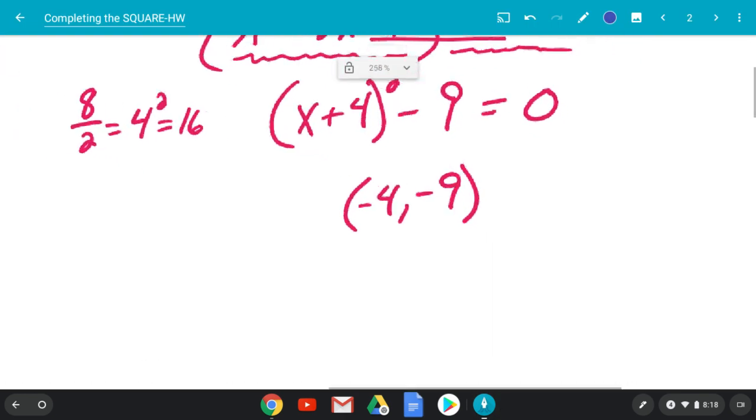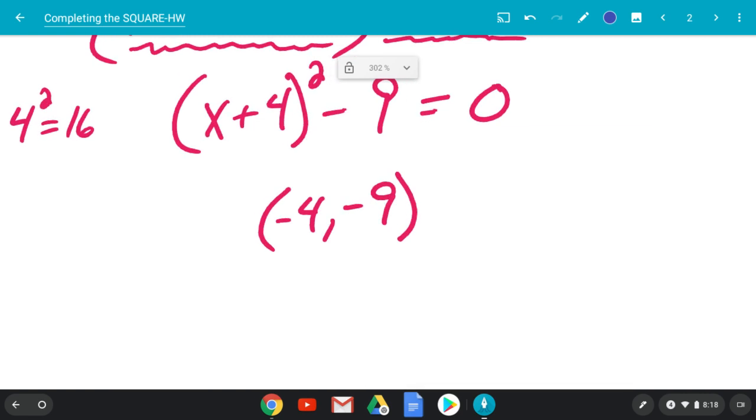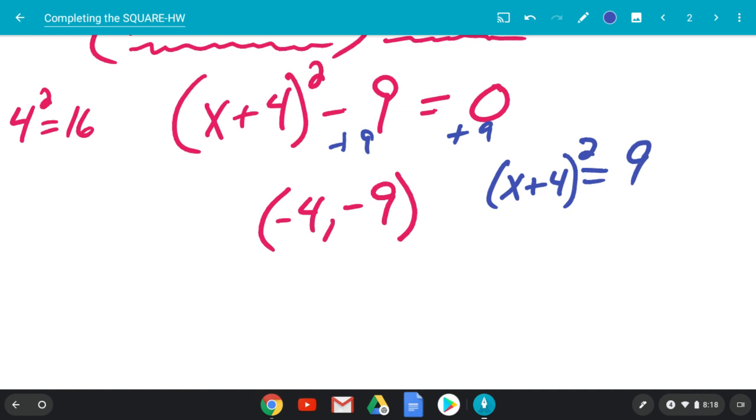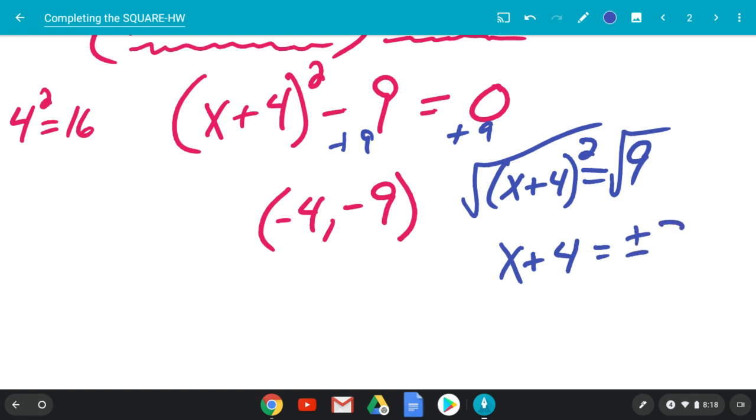All right. Number 12, we're going to have to add 9 to both sides. So I'm left with x plus 4 quantity squared equals 9. Take the square root of both sides. X plus 4 equals plus or minus 3. Subtract 4 from both sides.